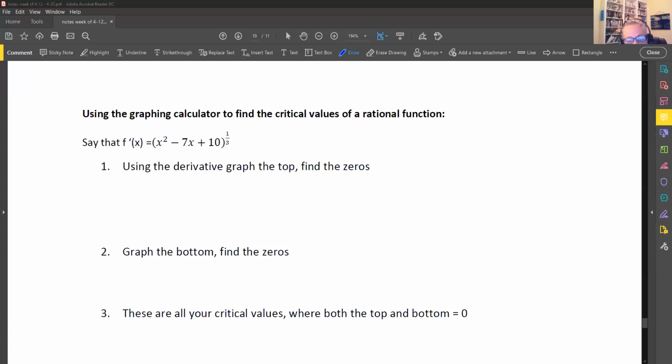I'm going to go verify that. Second calc, intersect. Enter, enter, enter. So 2 and I think 5 is going to be 0. I'm just going to look at it this way. 1, 2, yeah, 5. So 2 and 5 are my critical values.